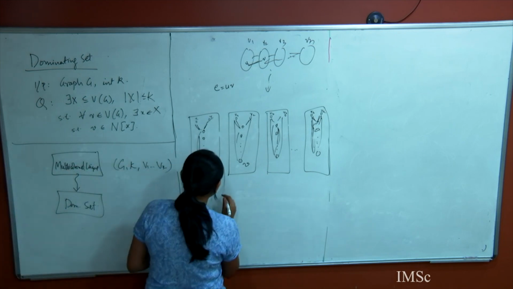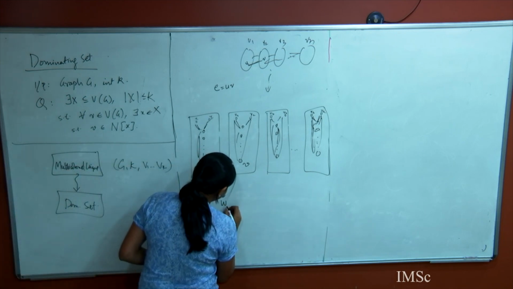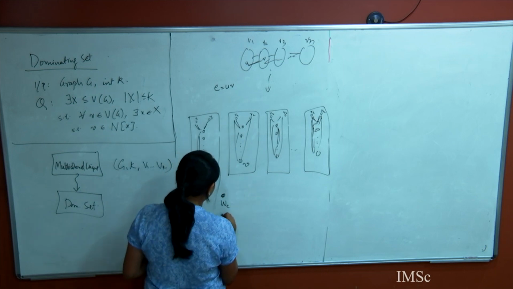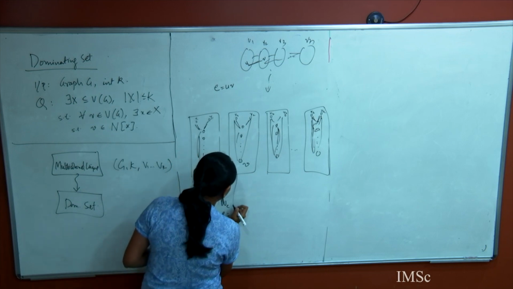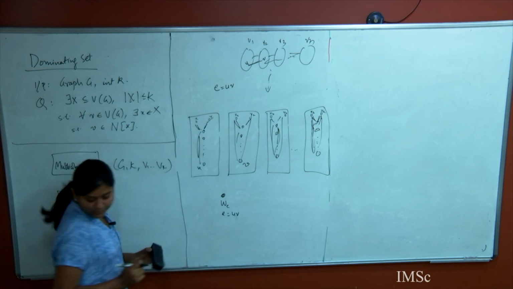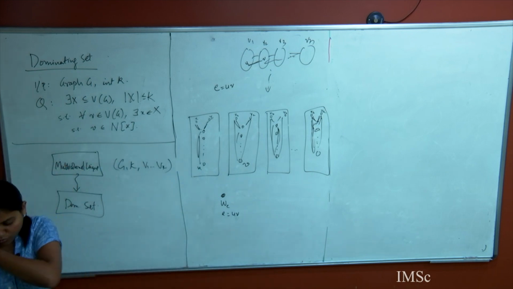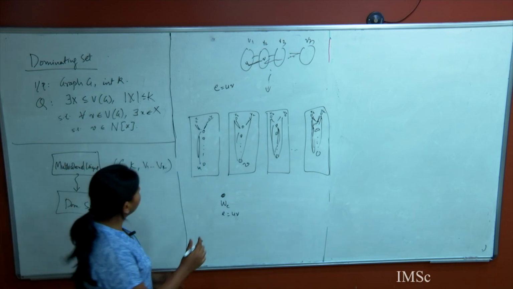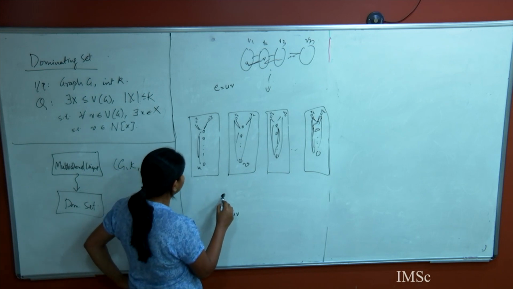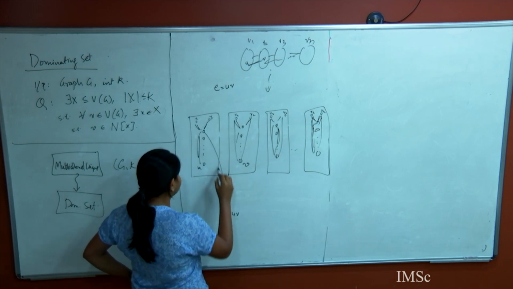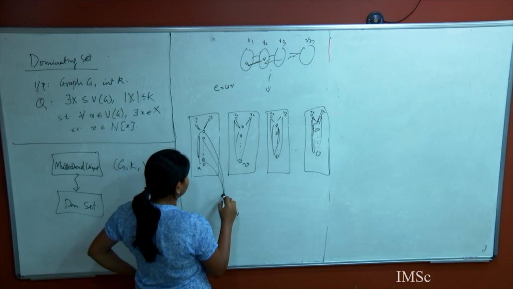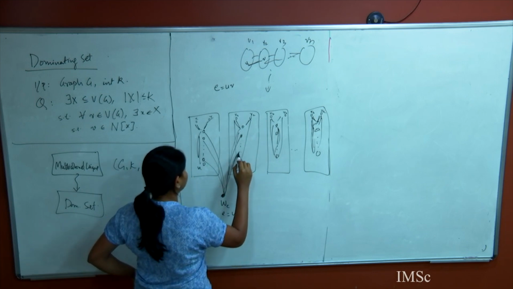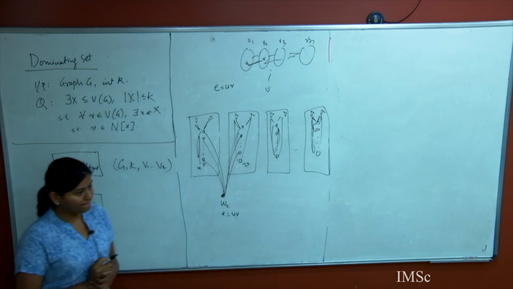Let us say this is w_e, where e is this edge uv. Now I will make this vertex w_e adjacent to everybody else apart from u, and here I will make it adjacent to everybody else apart from v.